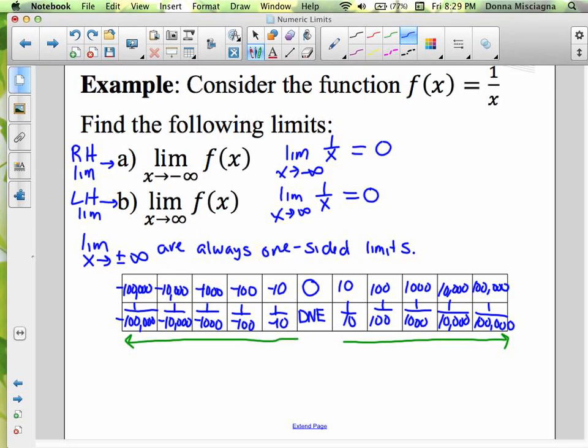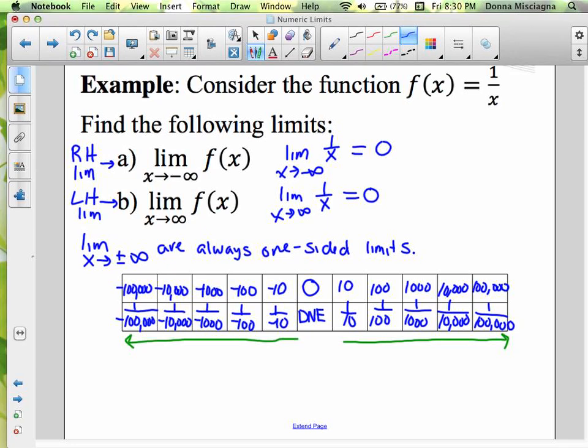Right? So here we can look at the limit as x approaches a number that's getting increasingly smaller or increasingly larger, and in both cases it happens to be 0. Even though these are negative, they're getting less and less negative, they're getting smaller and smaller.